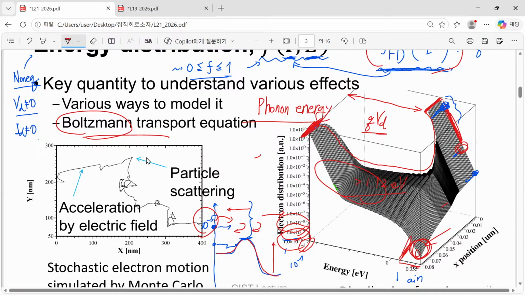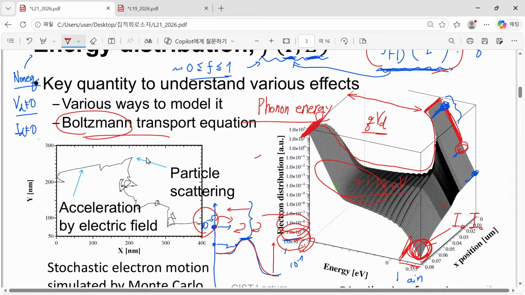So it is really improbable to have any electron in that energy range. So we call them quite lucky, because most electrons have much lower energy, and only an extremely small number may have such a high energy. But once it has high enough energy, then it can initiate impact ionization.